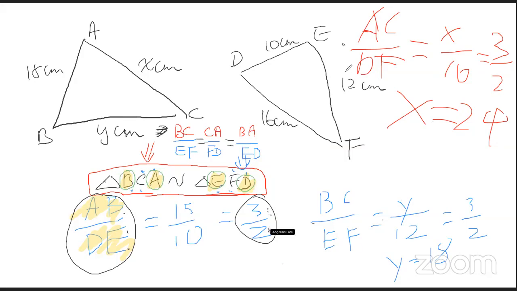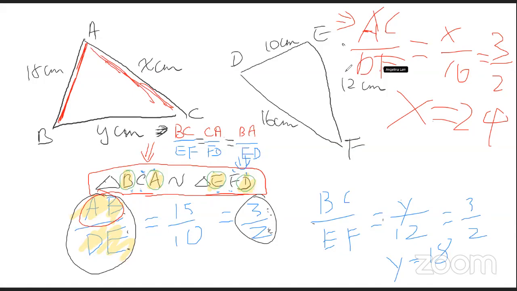So this is 3/2. Just now I used BA here. When you do this, AC should also come from this triangle. AC pairs with FD.